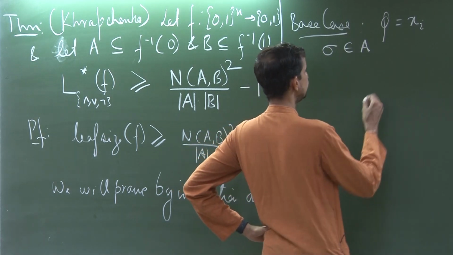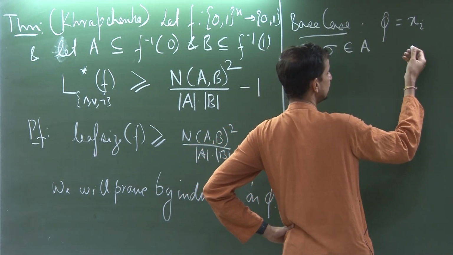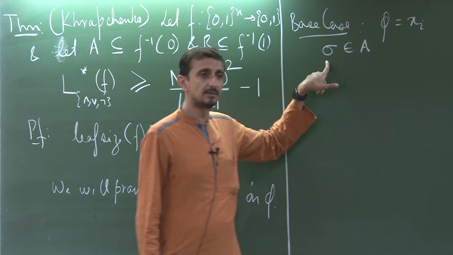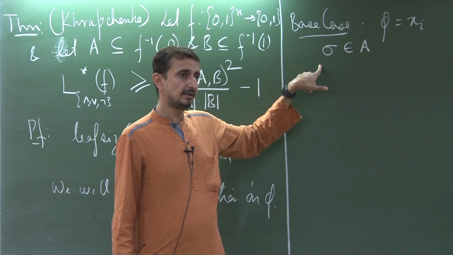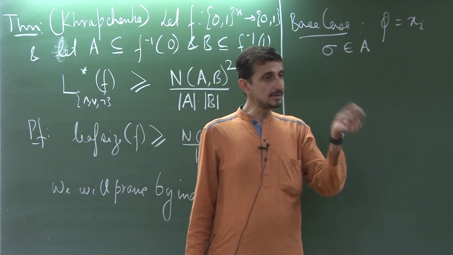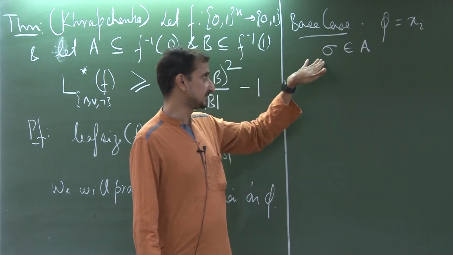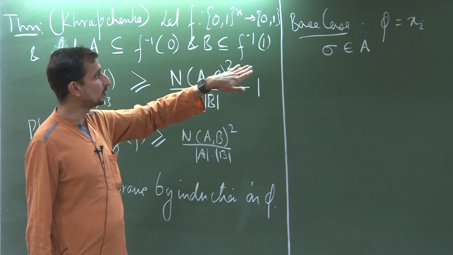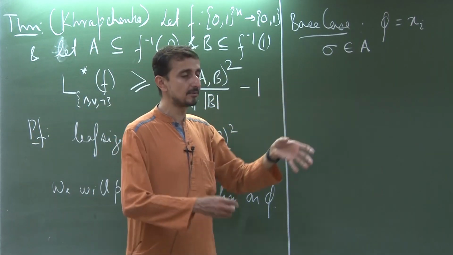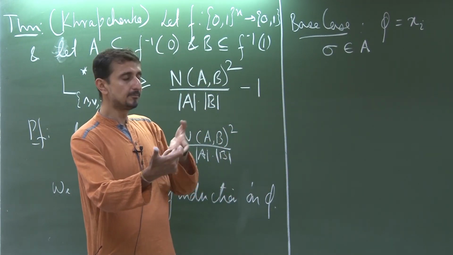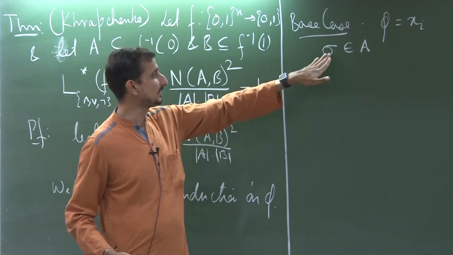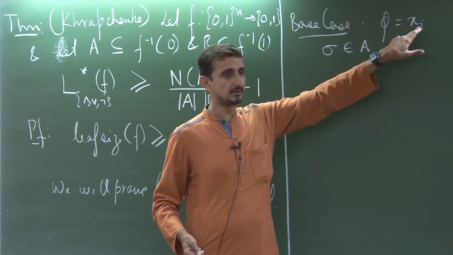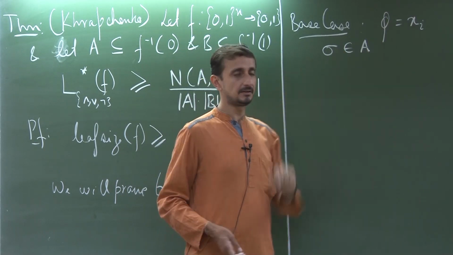If sigma is in A, then look at the variable xi of sigma. That is the only position which can change. Sigma belongs to A, so sigma is mapped to 0. If I want to consider another input which goes to 1 and differs only in one position from sigma, that can only be at the position xi, because that is the only thing affecting the output.